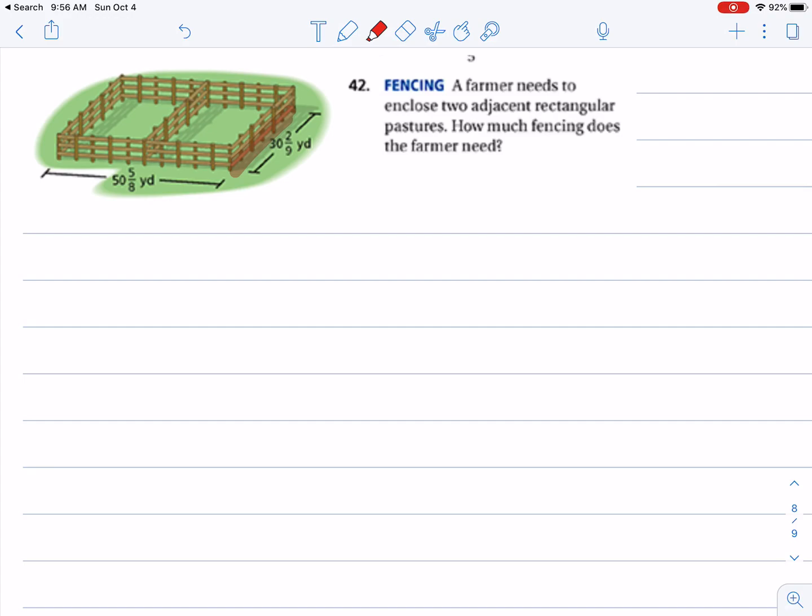And this is 30 and 2/9 yards, and we have 3 fences or sides of the fences that should be this same measurement. So I'm going to write that out as 3 times 30 and 2/9.